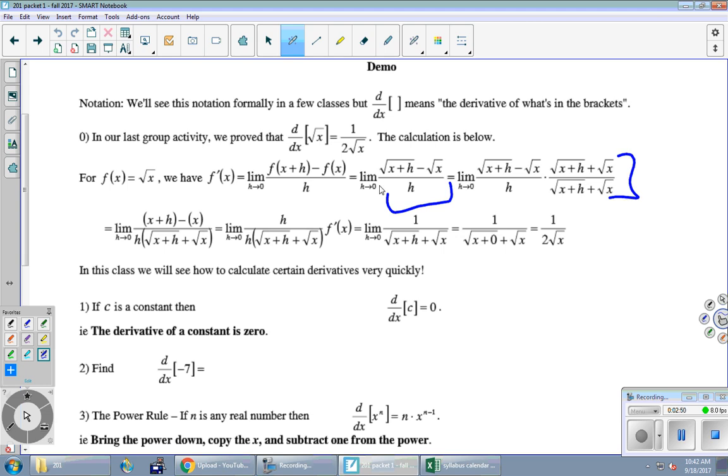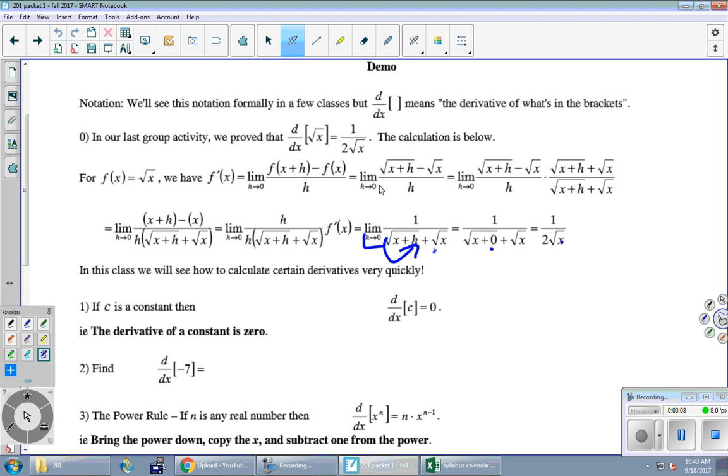And then we had to do lots of distributing up on top, and good stuff happened. Ultimately, the numerator became just h, and then that was able to cancel with the h in the bottom. And then finally, we send h to 0 by literally just substituting 0 for h, and we get 1 over 2 square root of x.